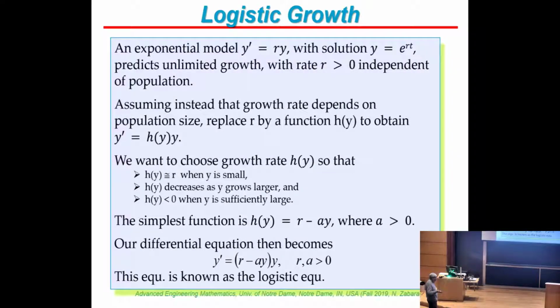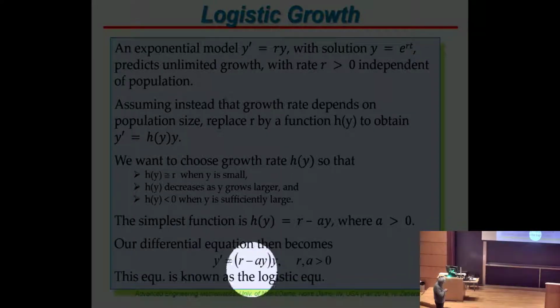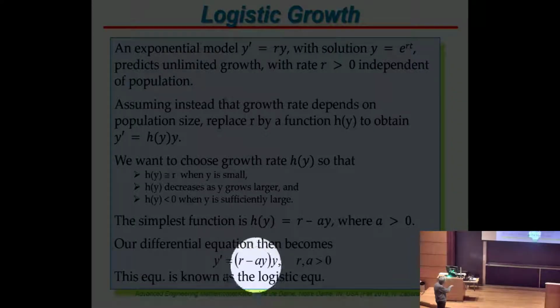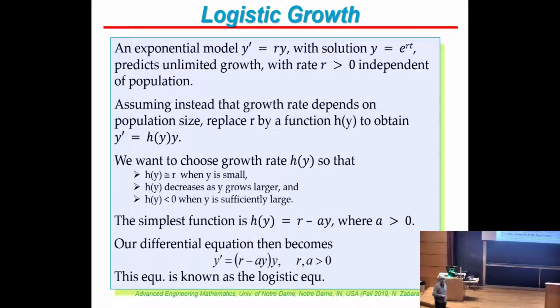Before I do anything, can somebody tell me what type of solutions, do you think the solutions will change here? What this says is, as y grows, before we had exponential growth, now as y grows, the growth rate, the coefficient inside the parenthesis, becomes negative.